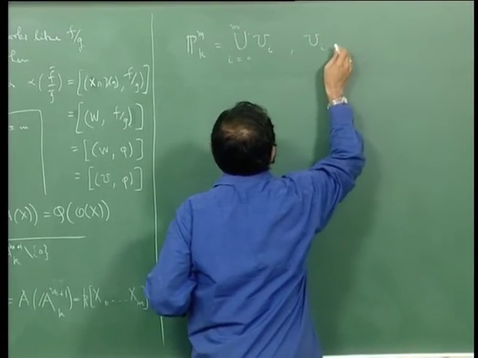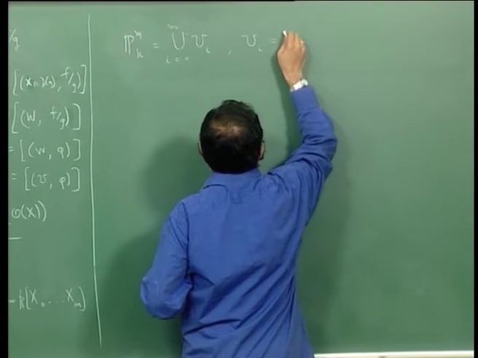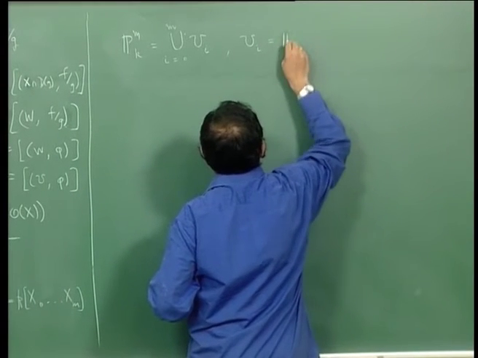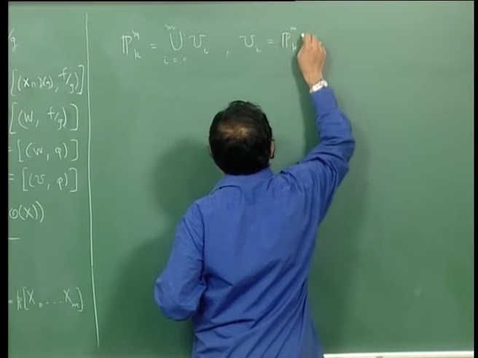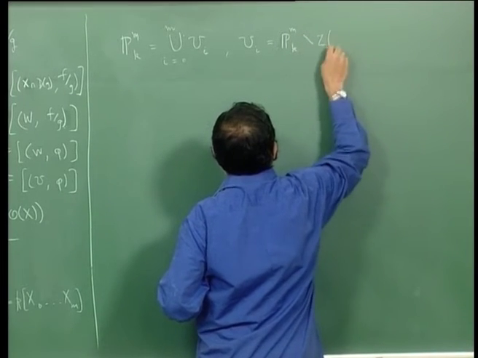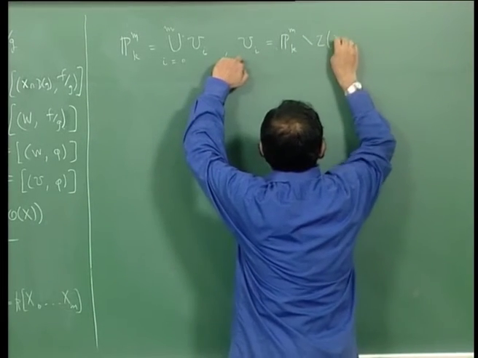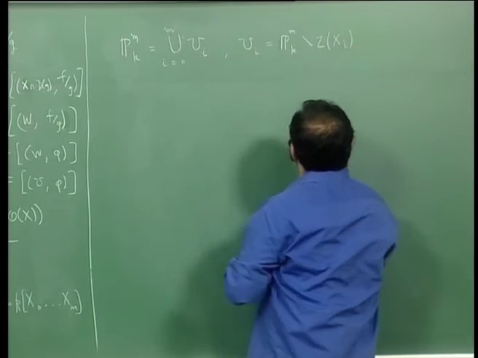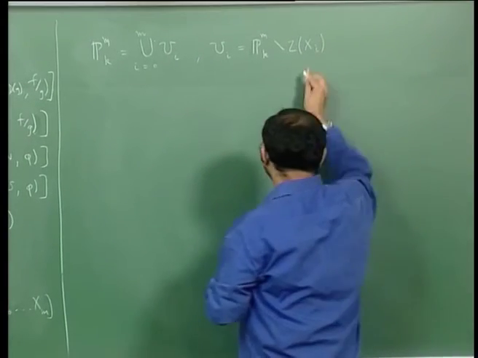U_i is just the complement of the zero set of x_i.